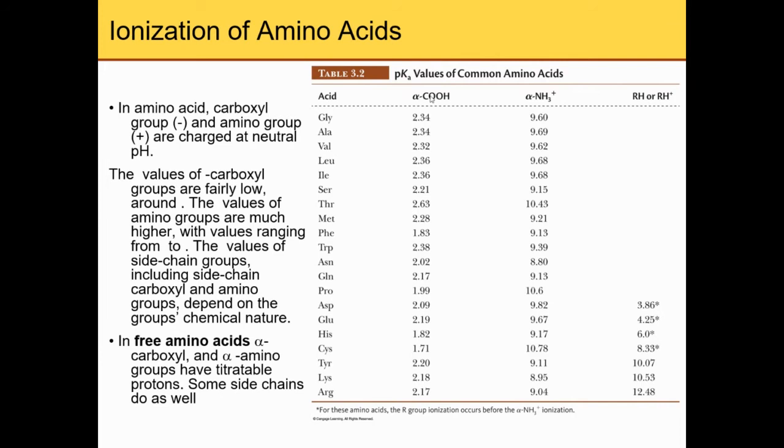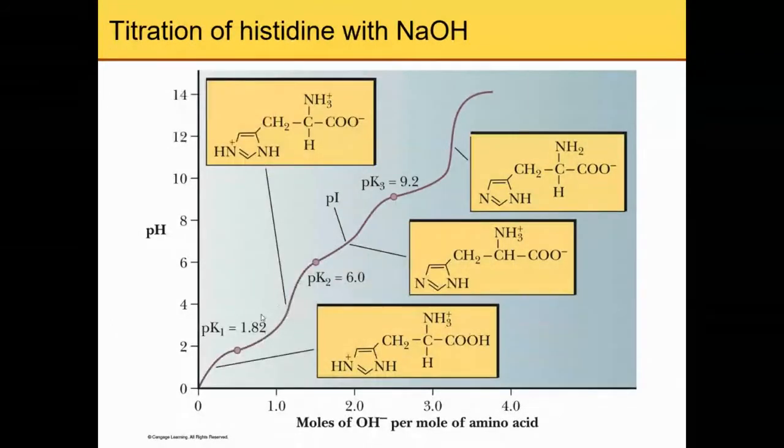For histidine, we have these three pKa values. This carboxyl group is 1.82. Histidine: 1.82, 6.0, 9.17, so that will be 1.82, 6.0, 9.2.